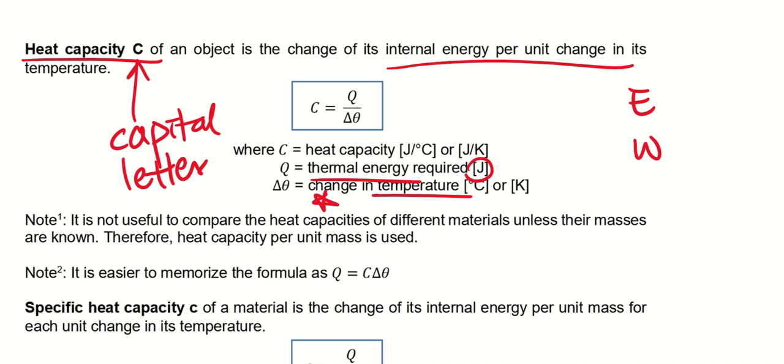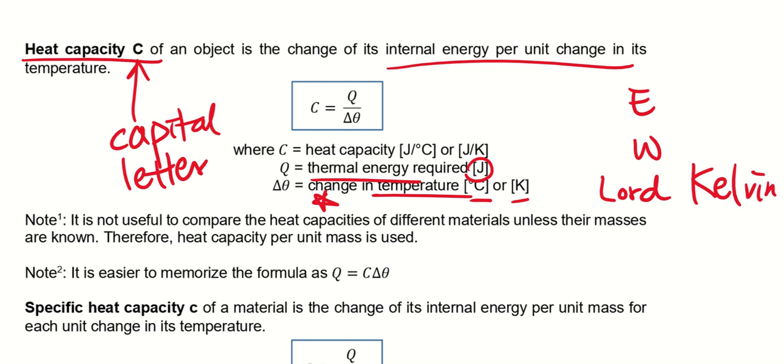Okay, so let's look at the units. For energy, you all know it's joules, right? For change in temperature, it is either degrees Celsius or Kelvin. Have we talked about Kelvin before? Kelvin is named after a British physicist, Lord Kelvin.